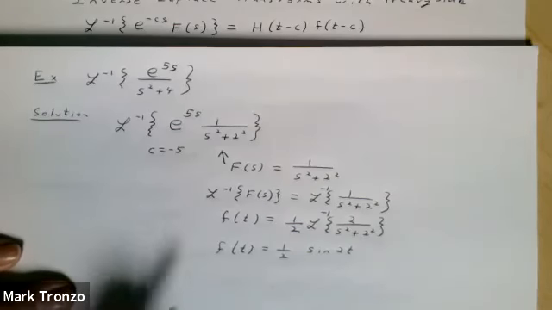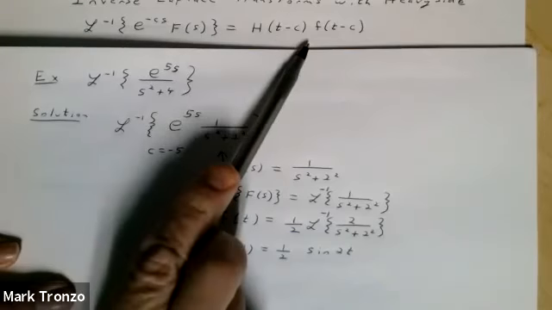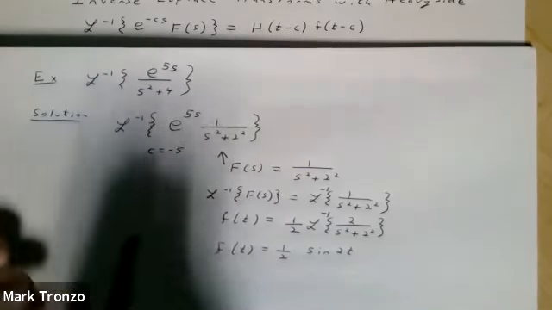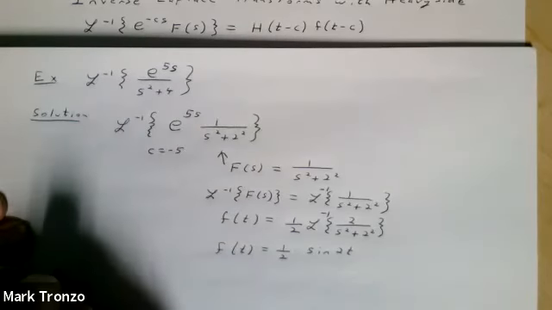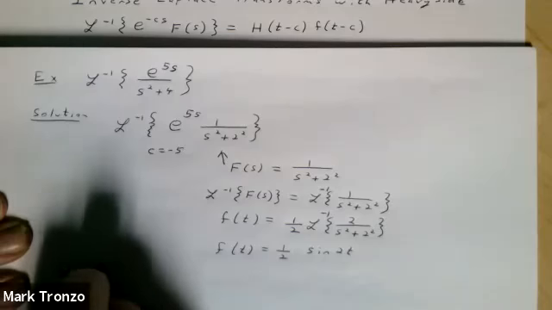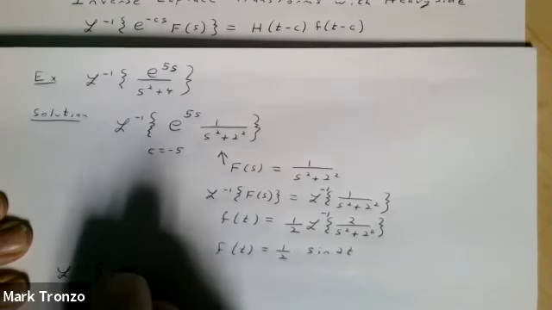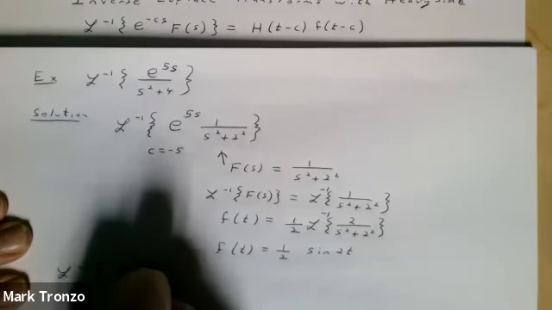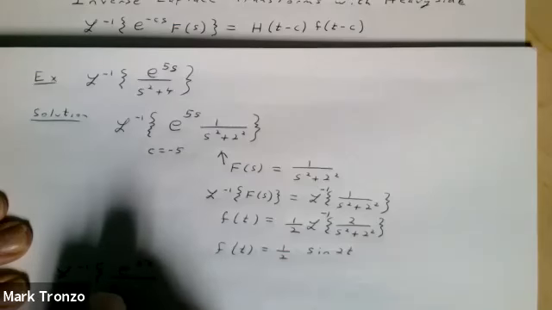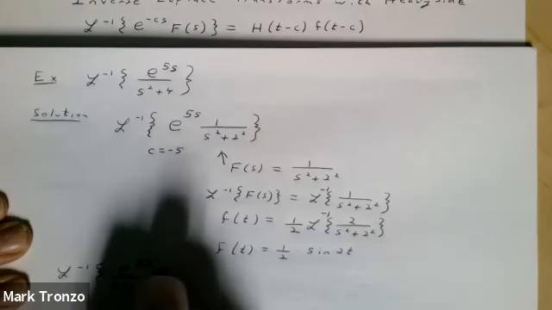So now we have all of our parts and we can apply the right hand side here. So this is the inverse Laplace transform of e to the 5s over s squared plus 4.